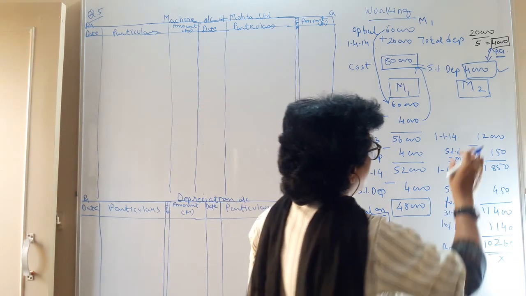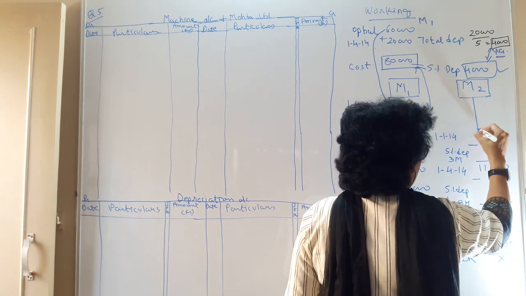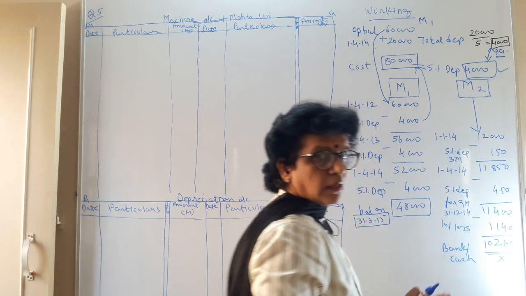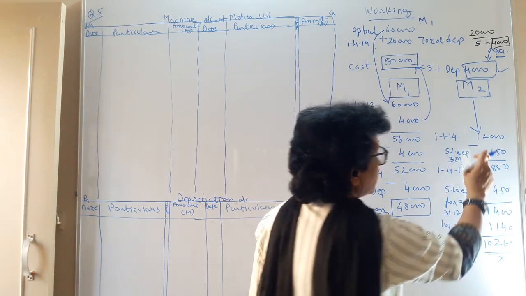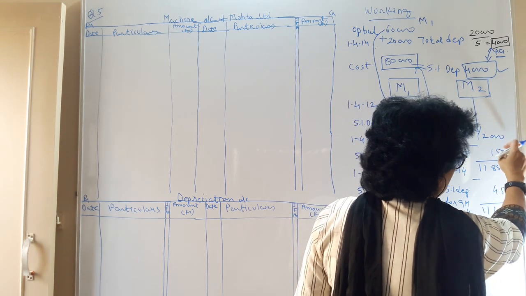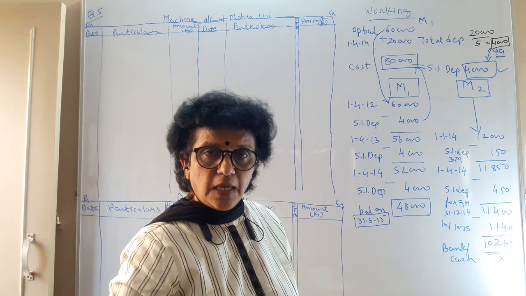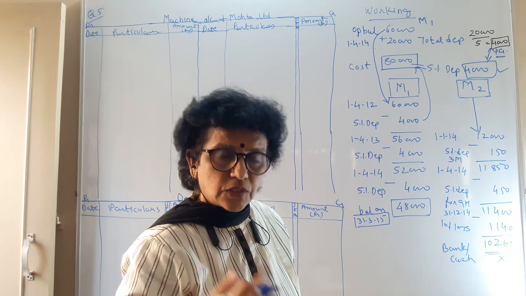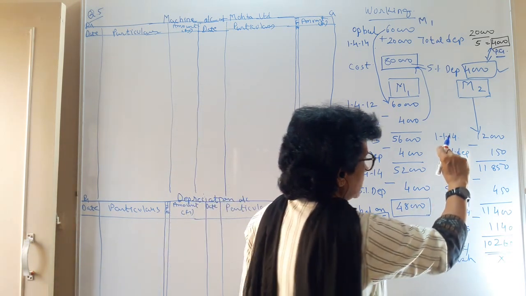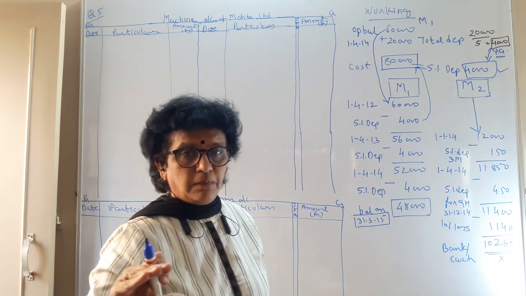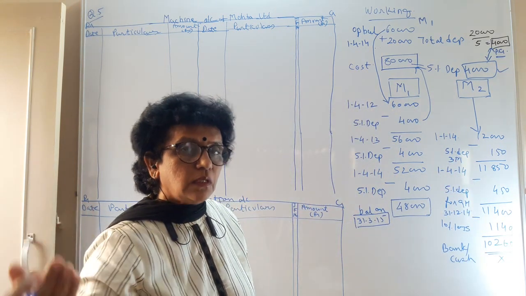They have purchased machine 2, M2, on 1/1/14. So on 1/1/14, 12,000 is the cost of the machine. Our books of account are closed on 31st March every year as per the financial year. So you have to give depreciation for the part of the time for which you have used the machine.